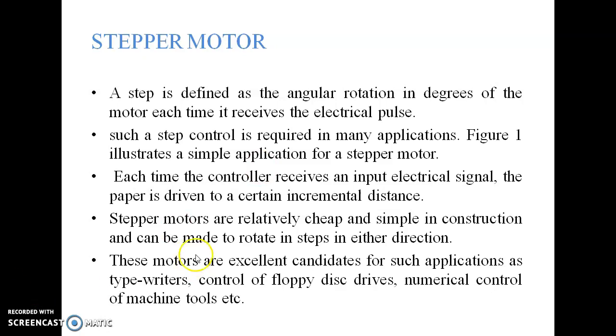Stepper motors are relatively cheap and simple in construction, and can be made to rotate in steps in either direction, forward or backward. This is one advantage of step motors.